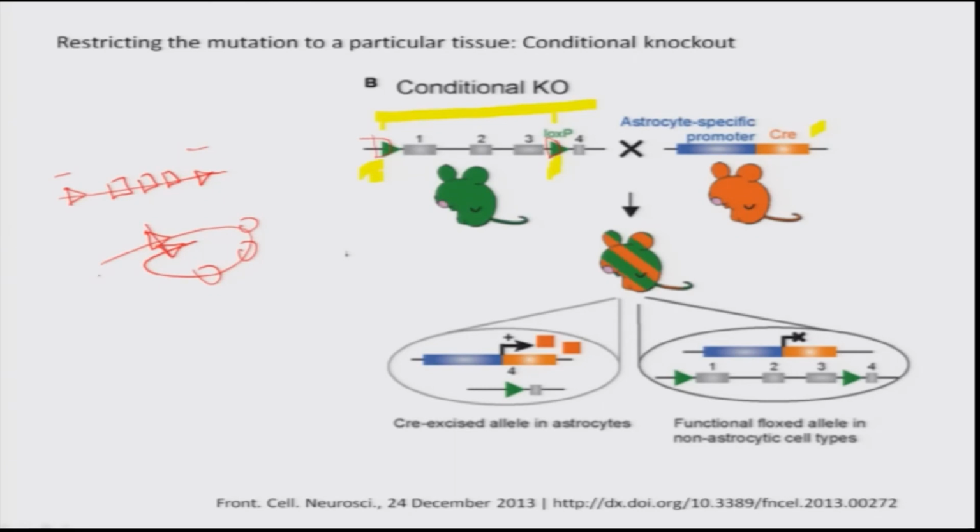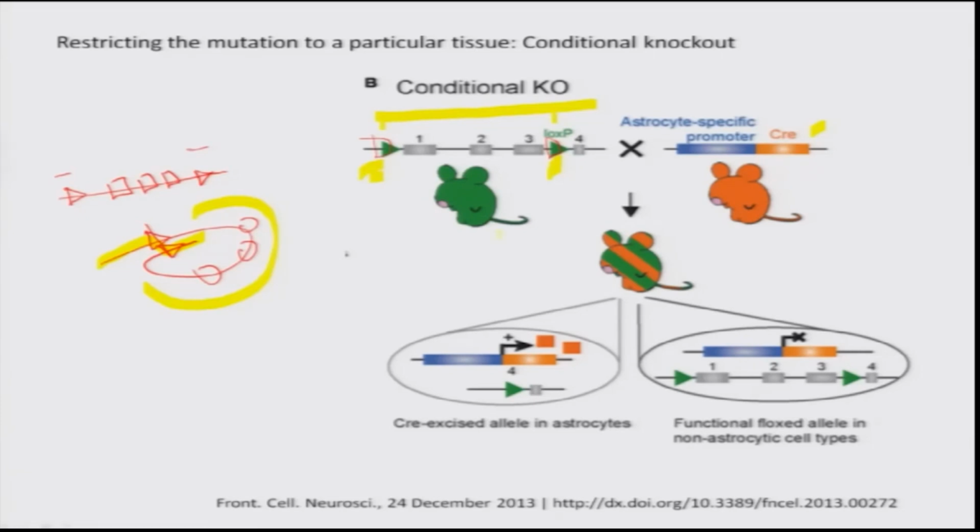As a result, the DNA from this side gets joined to this, and all the intermediate region having all three exons will be spliced out. So this way you are able to see that. That is what you are seeing here.